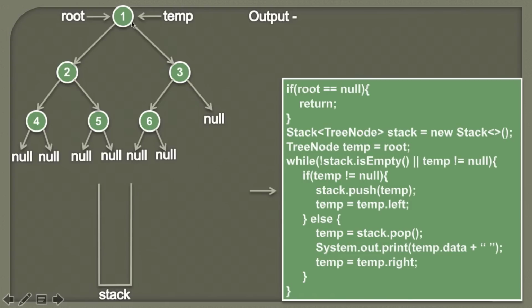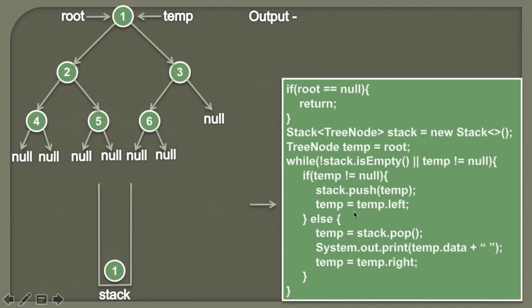Which makes sense because before visiting this node we have to first visit its left subtree. So we push this temporary node on the stack so that once we are done with the left subtree, we can pop this element out and visit this node, and after visiting this node we can go to its right subtree. When we push the temporary node on the stack, it looks something like this, that now node 1 is on the stack.